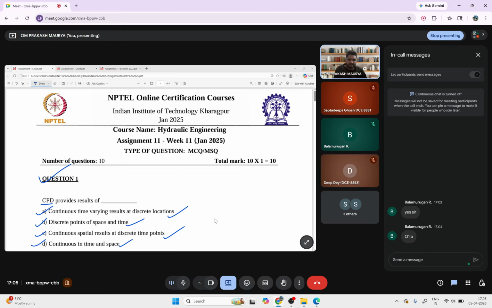Bala is telling B option. Other students, please also try. If you do not know, first try to recall. If you are unable to recall, then you can Google. No issue.